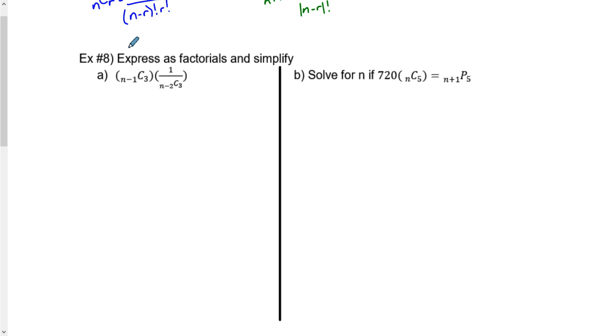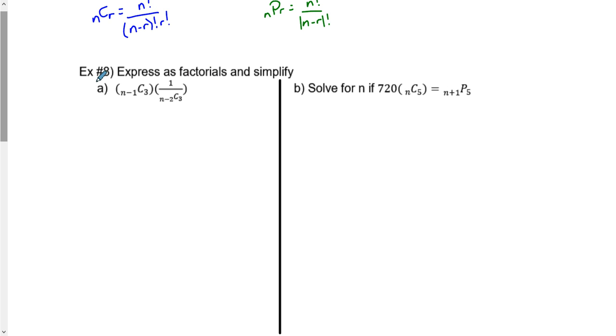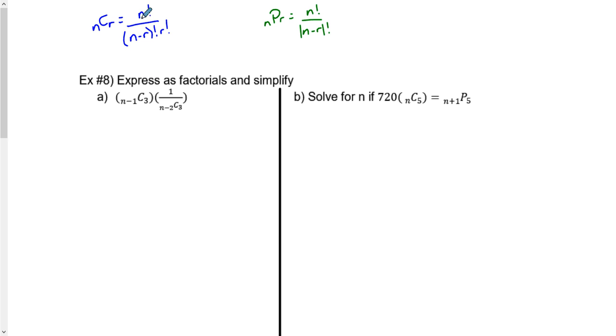Okay. So let's have some fun. So n subtract 1 C3 multiplied by 1 divided by n subtract 2 C3. Well, let's just plug things into our equation. So n subtract 1 is going to be the n in this first one. 3 is going to be the r.